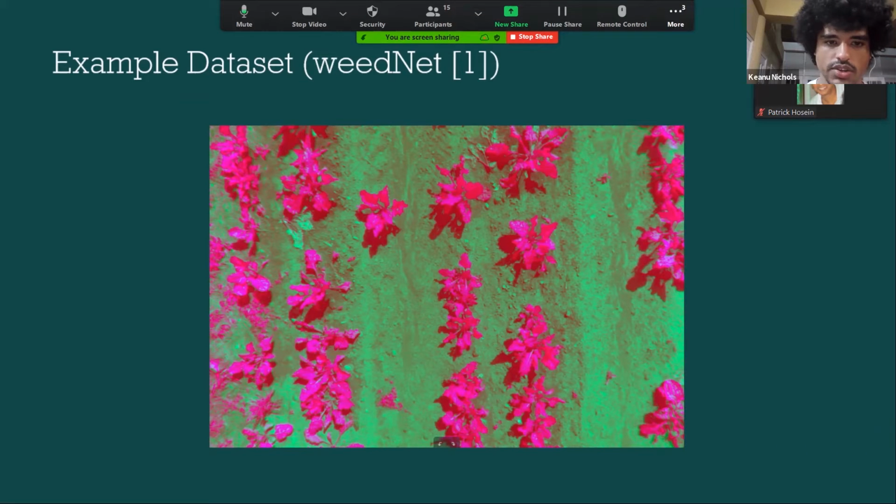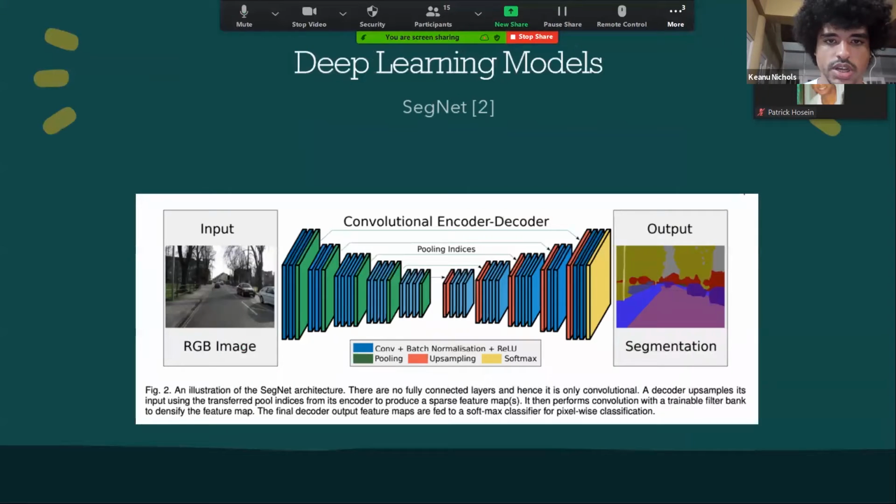So that is the data set we were using. When we looked around for other data sets, since we're using the NDVI channel as well for a few of our problems, it is not as easy to get that sort of data. So this data set was very helpful for training our models.